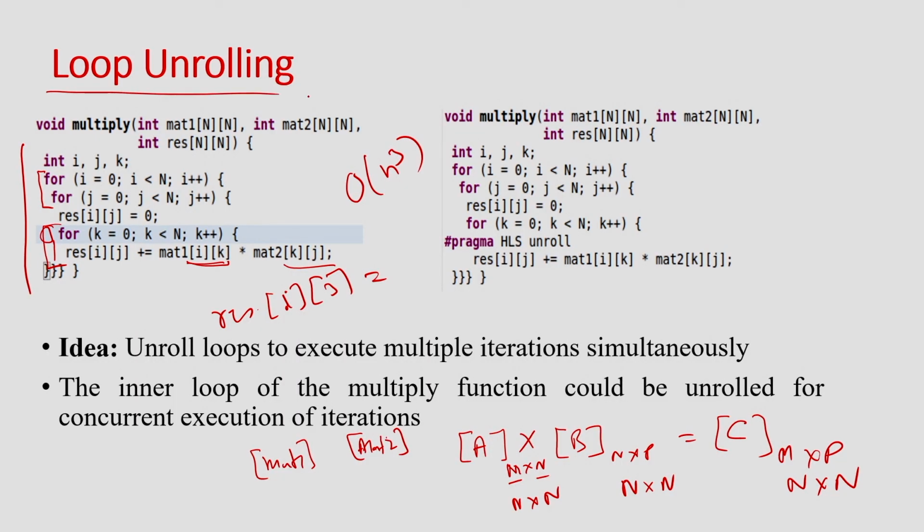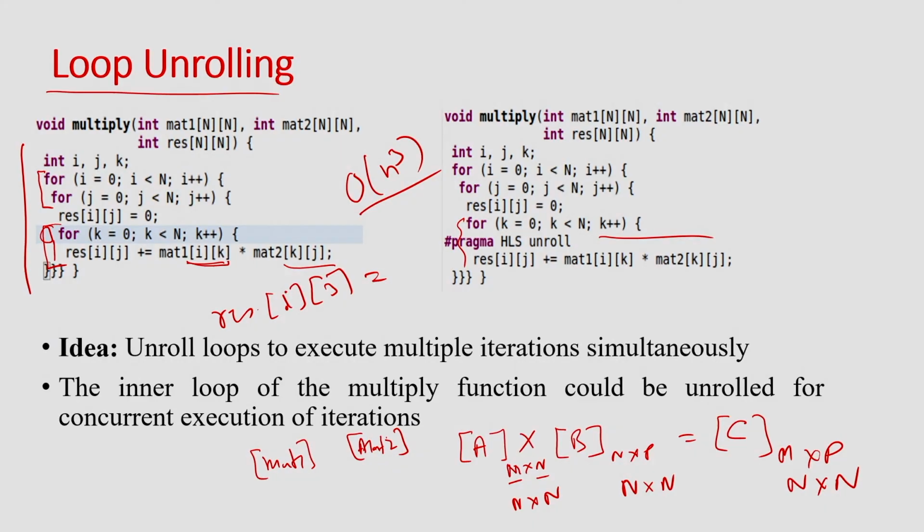So, you can unroll this loop. There are 3 loops here, and you can unroll the innermost loop. If you unroll the innermost loop, what is going to happen? There are n cube number of operations, and if you unroll the innermost loop, that means you are actually removing this loop, right. So, for each output location, whatever n multiplications are needed are going to be flattened now, right.